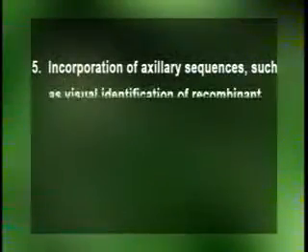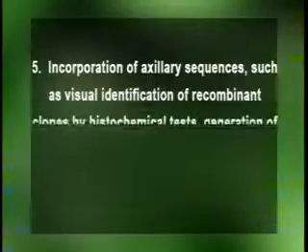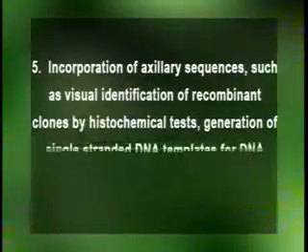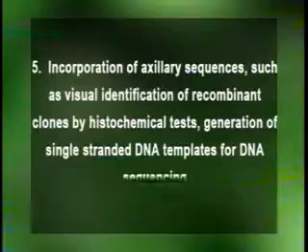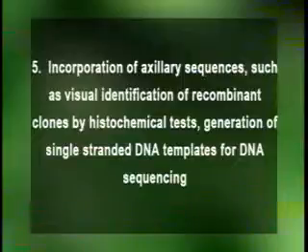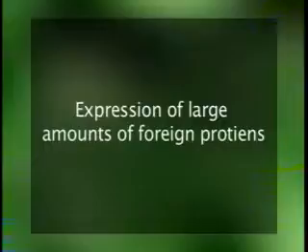Incorporation of auxiliary sequences such as visual identification of recombinant clones by histochemical tests, generation of single-stranded DNA templates for DNA sequencing, transcription of foreign DNA sequences in vitro, direct selection of recombinant clones, and expression of large amounts of foreign proteins.